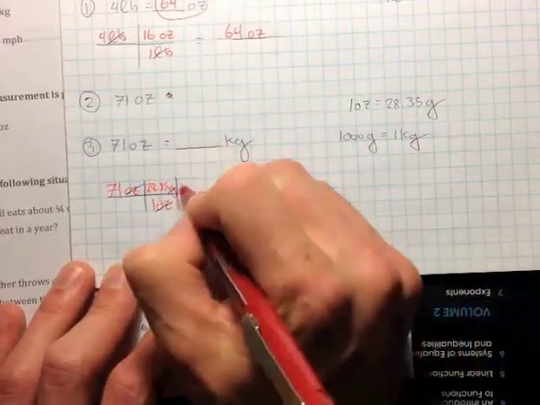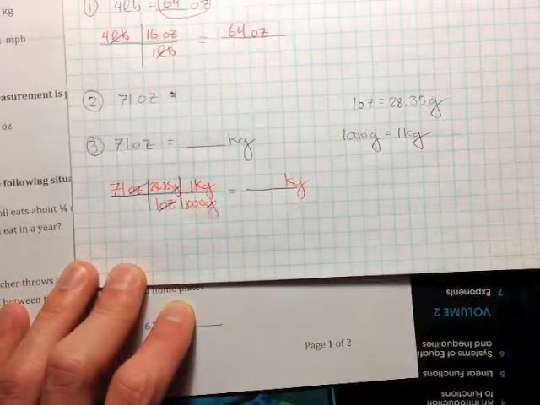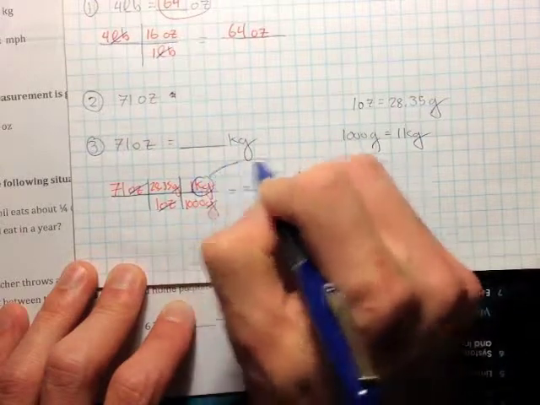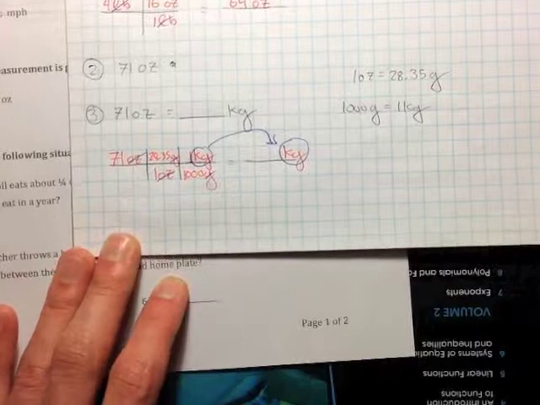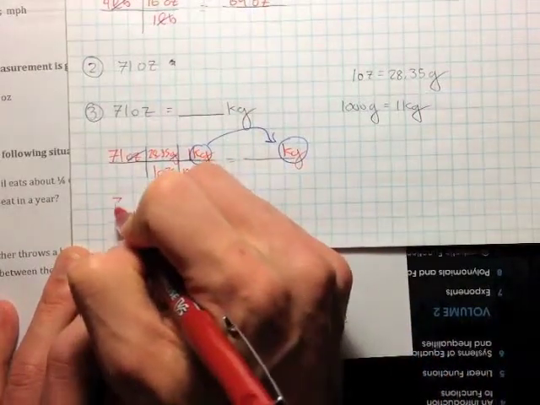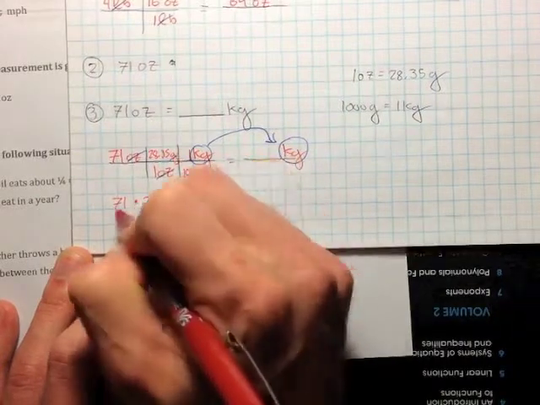And then I'm going to have 1 kilogram on top. Kilograms on top. Perfect. What this is really telling you to do is take 71, multiply by 28.35, and then divide by 1,000.